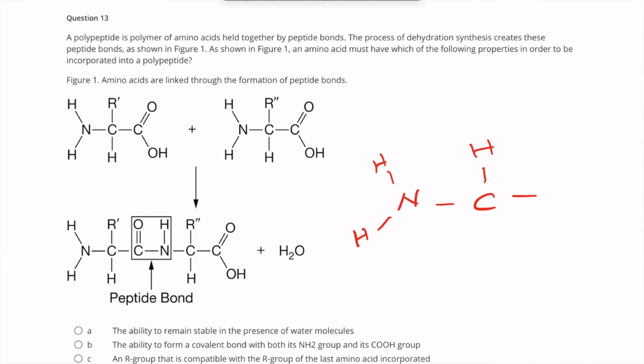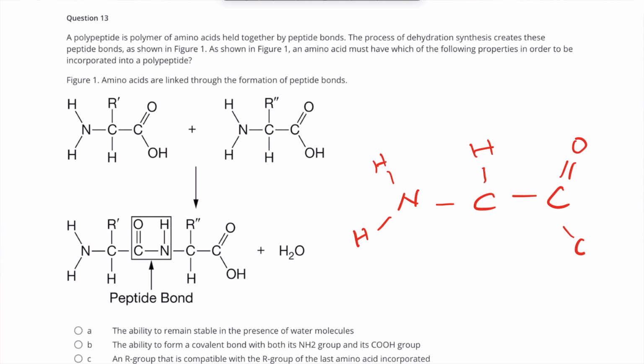So you have one side of carbon, and I tend to think of it as an N-C-C, head-tail sort of orientation. On one side you have the amine group, NH2. On the opposite side, the tail side as I call it, has carbon double bonded to an oxygen, and also a hydroxide group.